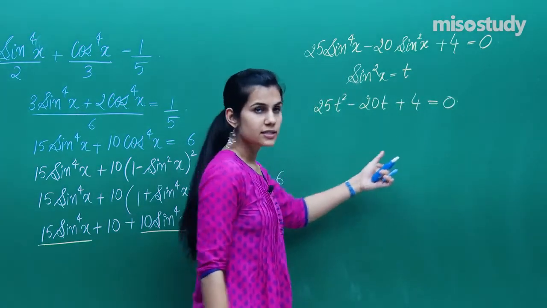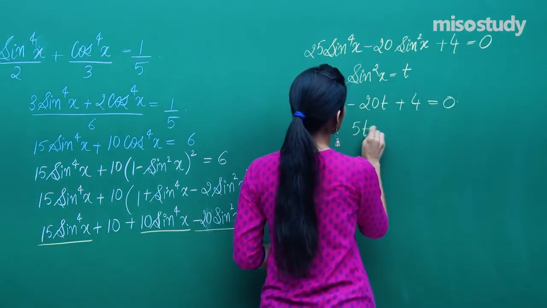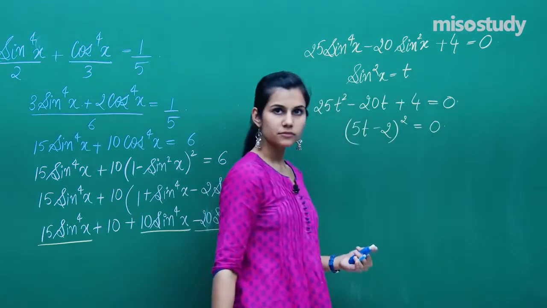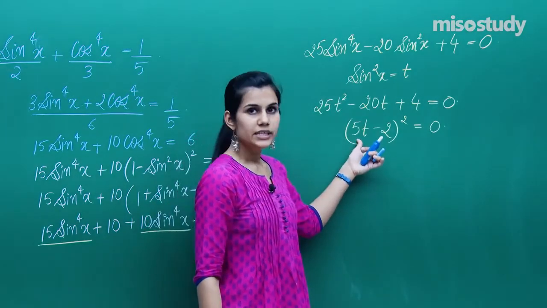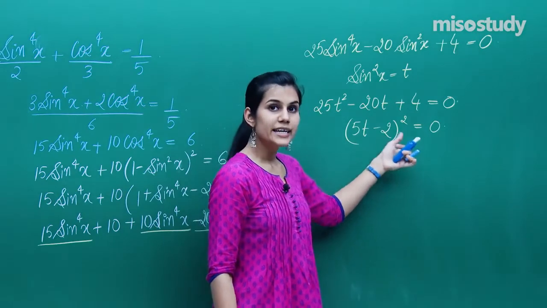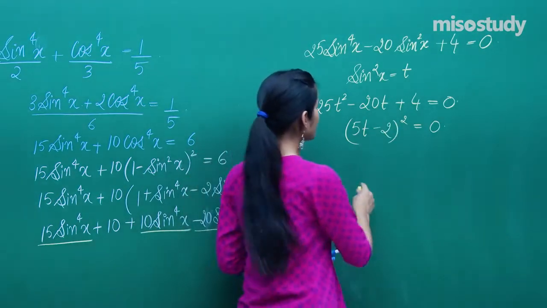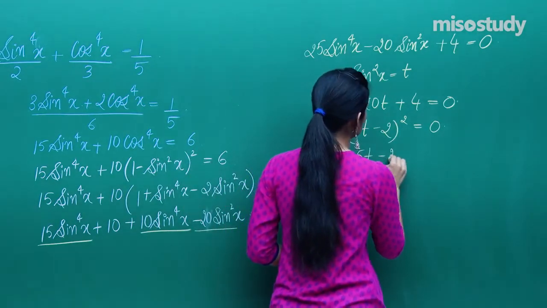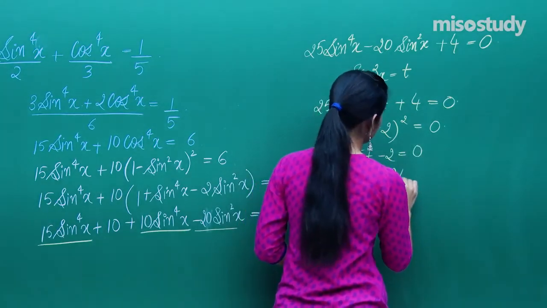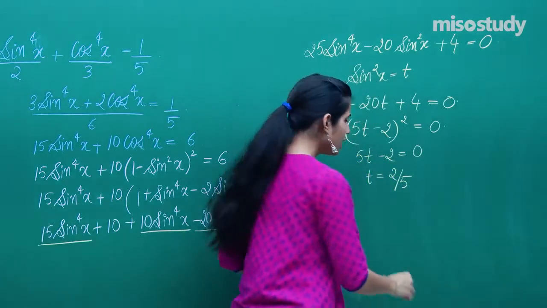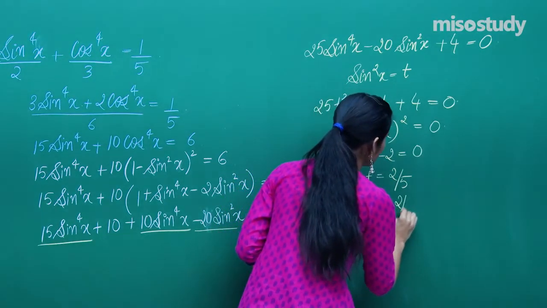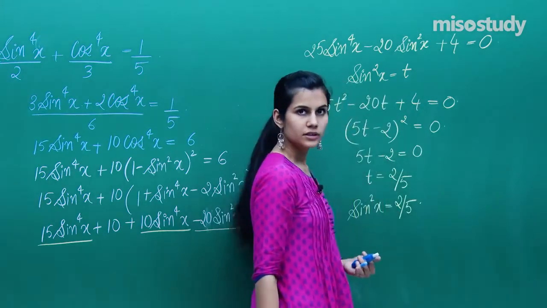Now what is this? Perfect square. 5t minus 2 whole square is 0. 25t square plus 4 minus 5 into 2, 10, 10 into 2, 20t. This means 5t minus 2 is 0. That means t is 2 by 5, which means sine square x is 2 by 5.